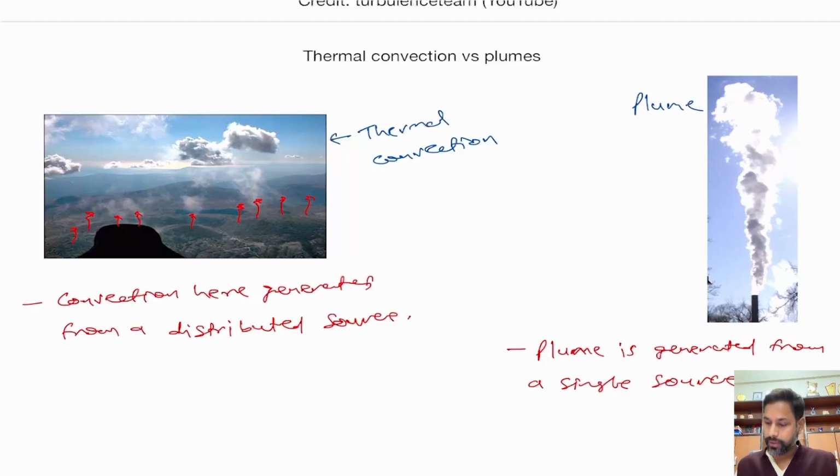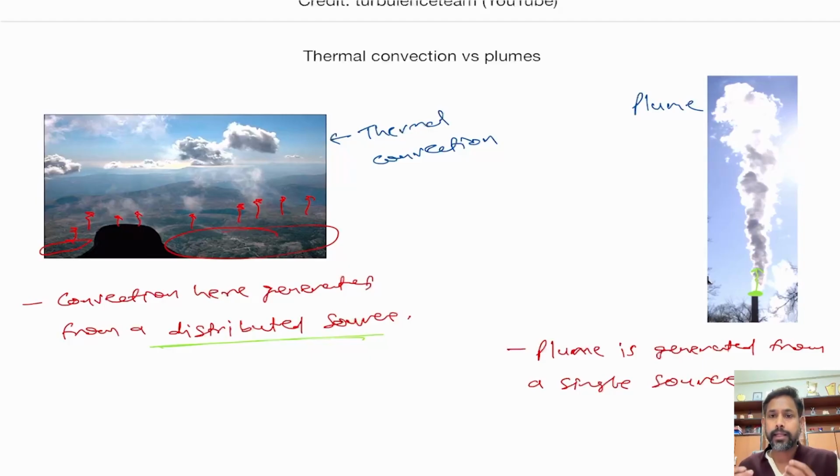So what is the difference? In this case we have this warm fluid rising up from here from one particular source, right, whereas in case of convection you can see the complete surface here is getting warmed up, and that is letting the air getting warmed up, and that air is actually rising from different places, right, and that's why we call it a distributed source, because this is not happening from a fixed point. Okay, so that is one major difference.